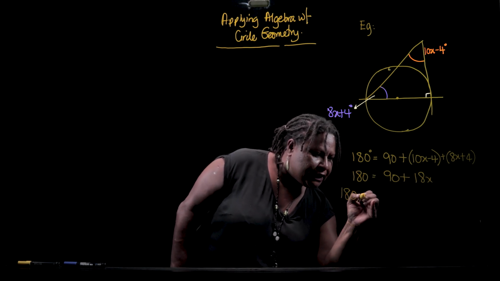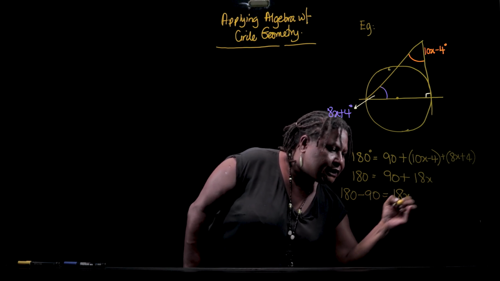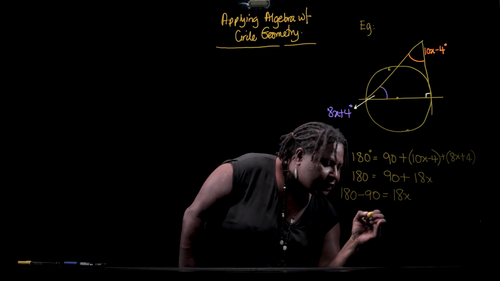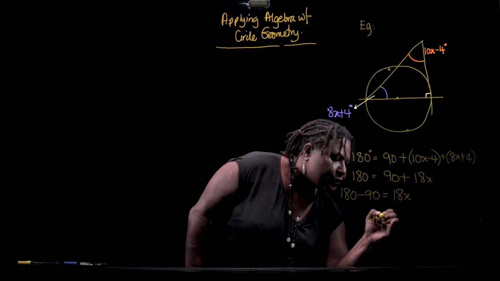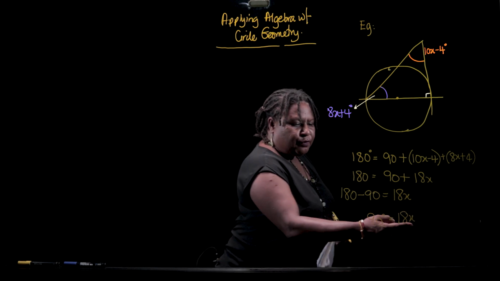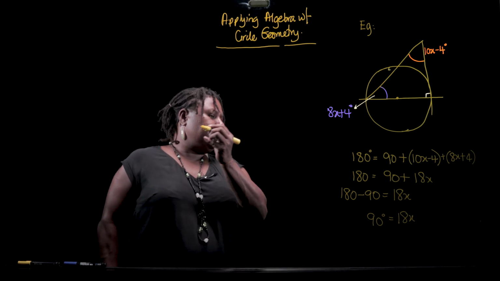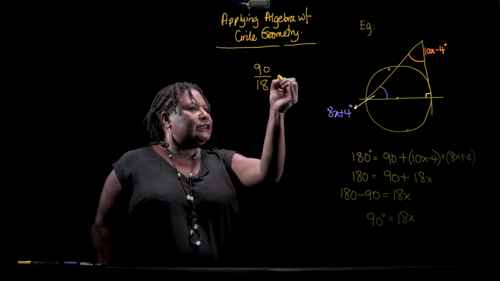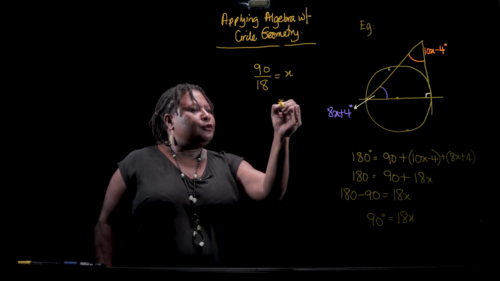So 180 minus 90 is equal to 18x. 180 minus 90 will leave us with 90 degrees equal to 18x. To find the value of x, we divide by 18. So 90 divided by 18 is equal to x, and x is therefore equal to 5.